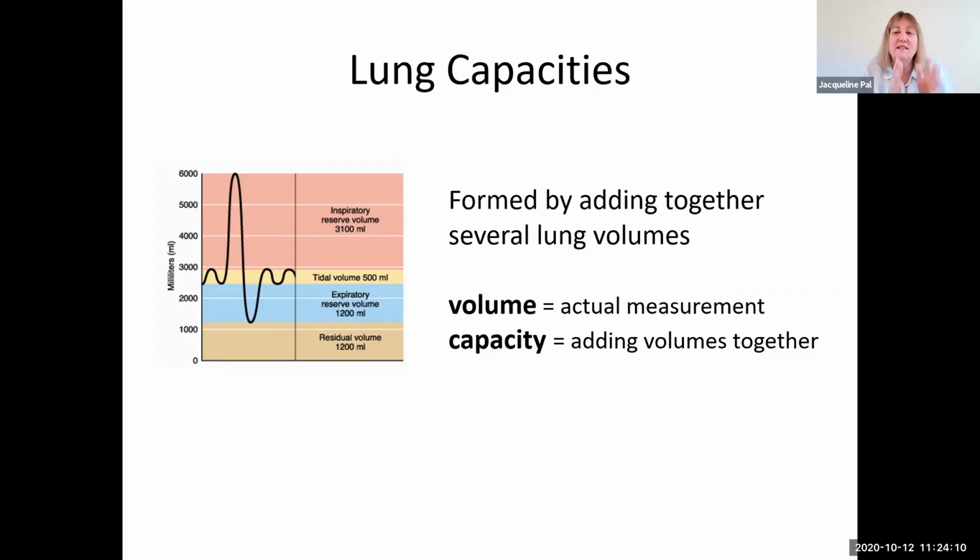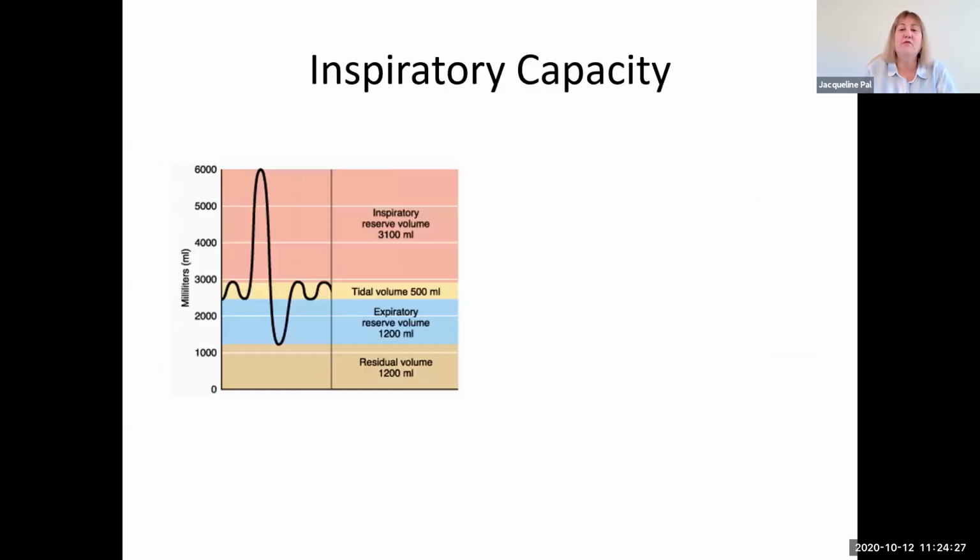So the volume was an actual measurement. Now, when we take some of those volumes and we put them together, they give us a capacity, which gives us even more information about your lung functions. So the first capacity is the inspiratory capacity.